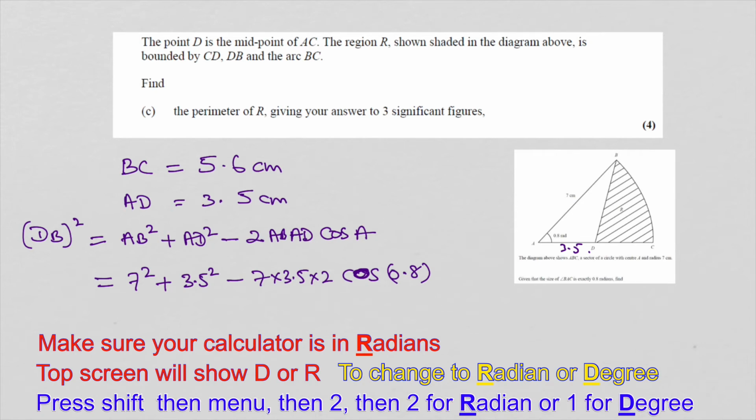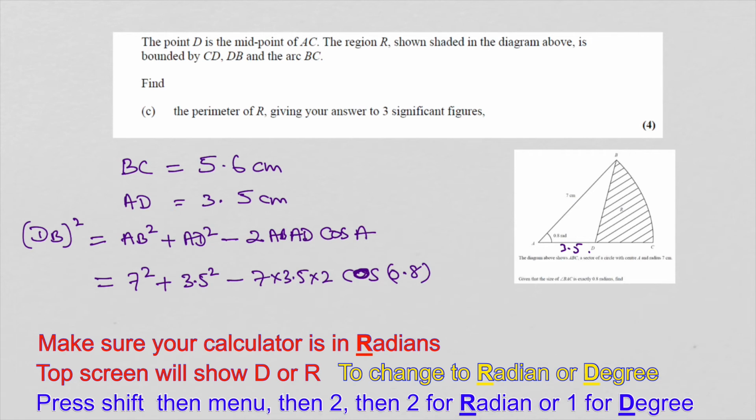If it doesn't show R, it probably shows D. D stands for degrees and R stands for radians. To change it to R, you press Shift, Menu, then press 2 for angle input, and press 2 for radians. Now it should show R on the top part of your screen.